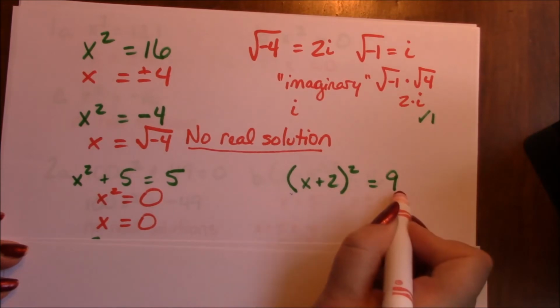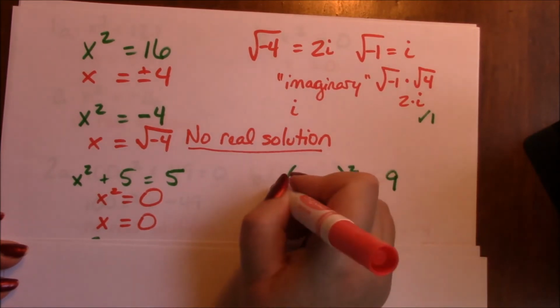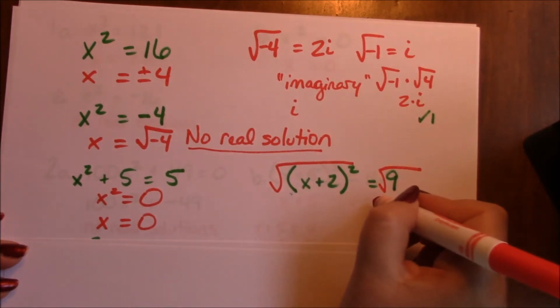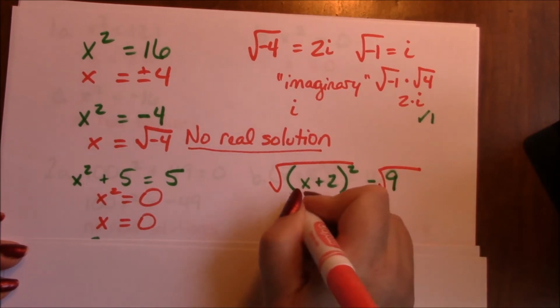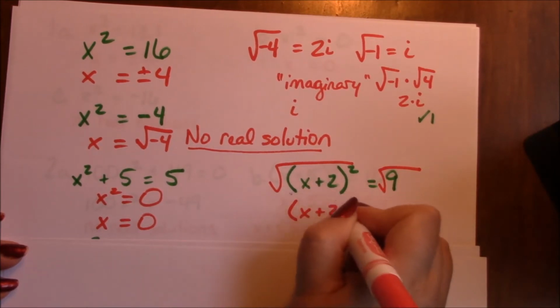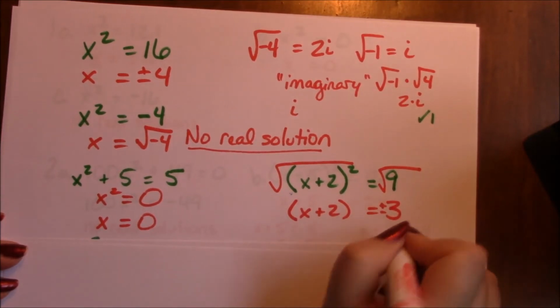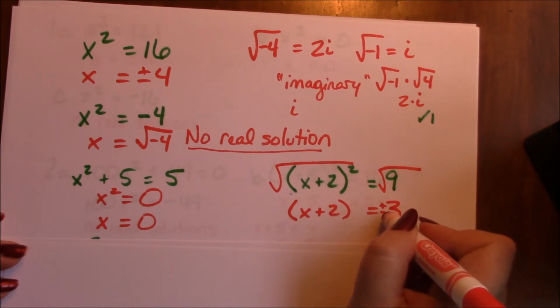Here, I notice that this is a perfect square, and this is a perfect square. So in order to find x, the first thing I'm going to do is get rid of that squared. So now I know that x plus 2 equals plus or minus 3. Now I have to solve the plus version and the minus version.